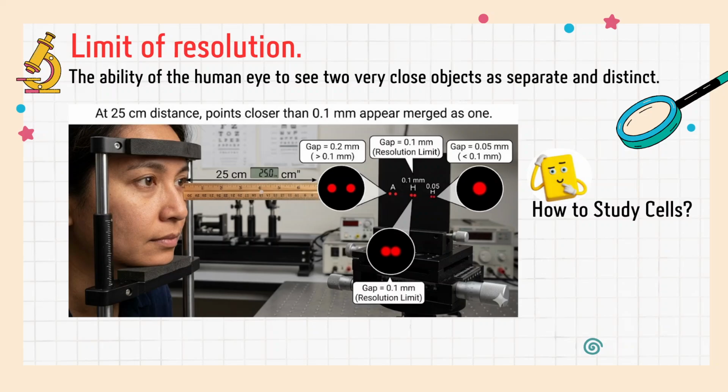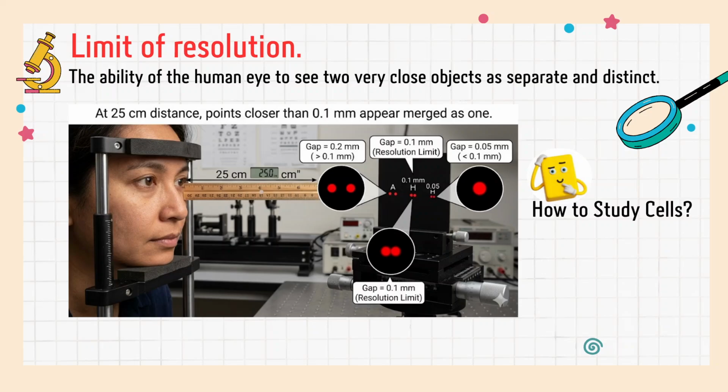When you hold something about 25 centimeters from your eyes, you can see two tiny points separately only if there is a small gap between them. If the gap is less than 0.1 millimeter, your eyes cannot tell them apart. So they look like one single point. The limit of resolution of the human eye is 0.1 millimeter.